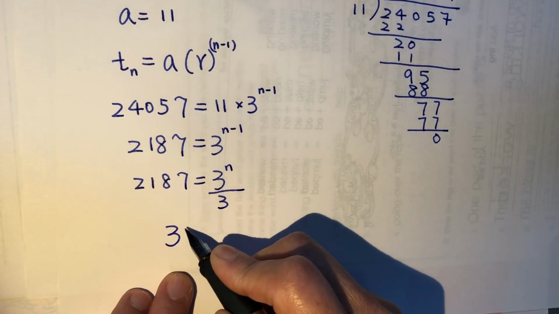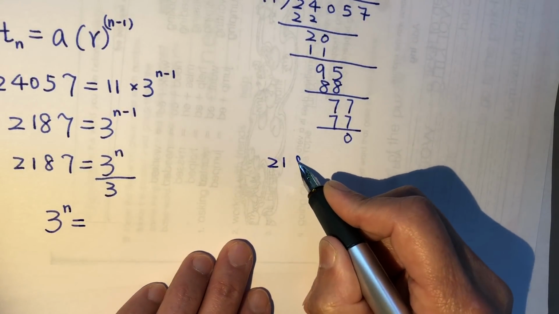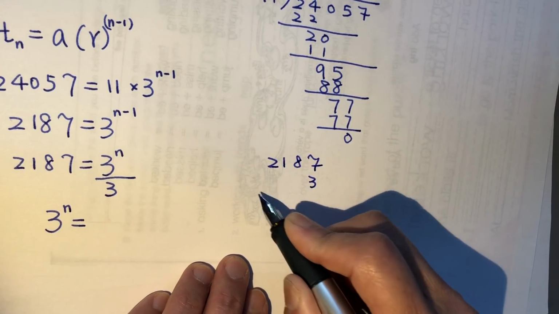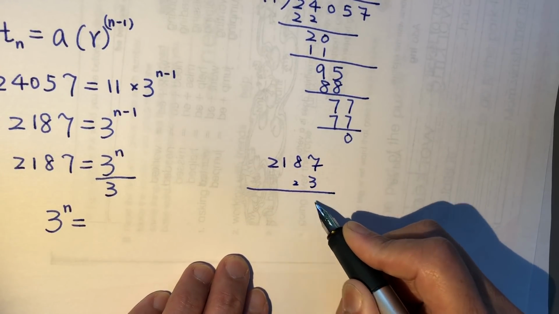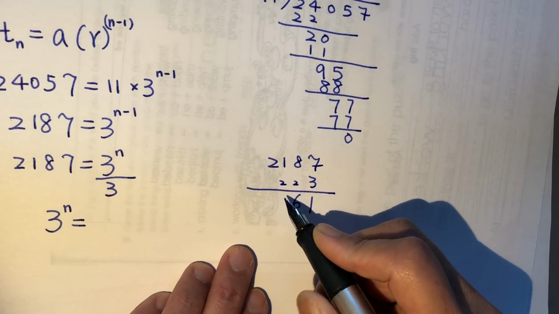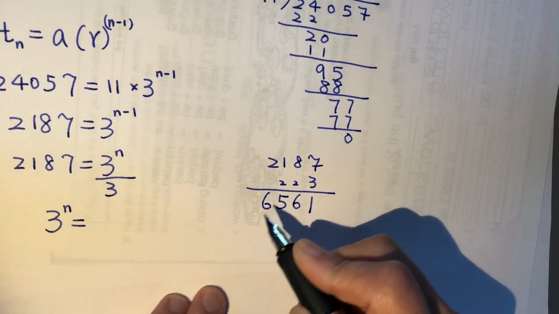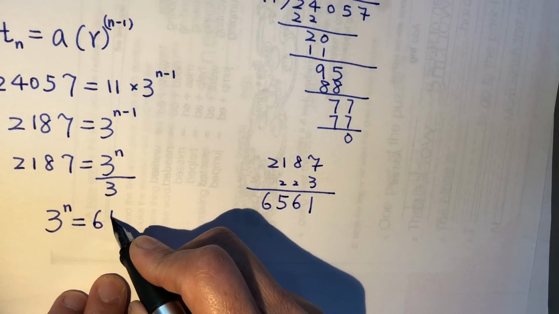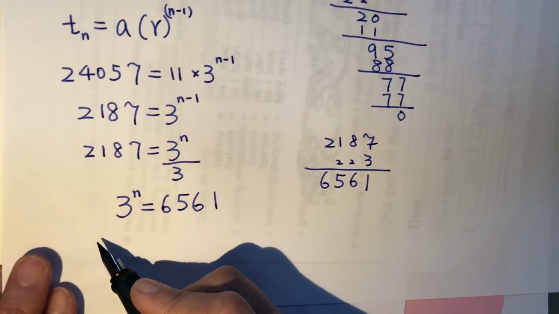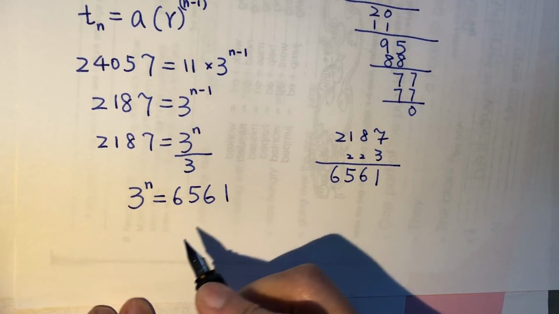So 3 to the power of n equal to 2187 times 3, which is 6561. 3 to the power of n equal to 6561.